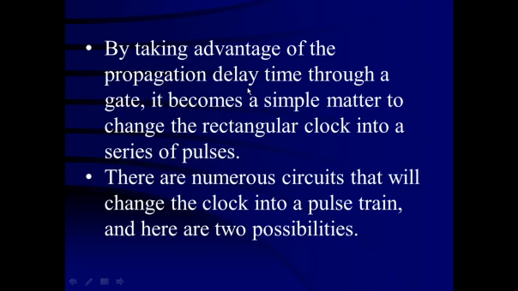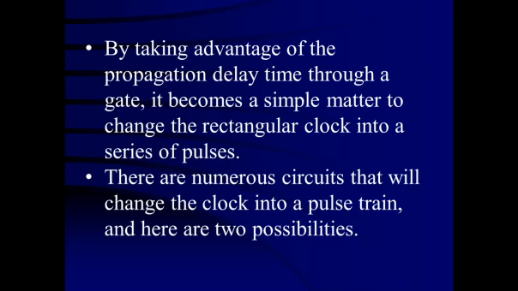By taking advantage of the propagation delay time through a gate, it becomes a simple matter to change a rectangular clock into a series of pulses. So, here we are going to take advantage of propagation delay time to convert rectangular waveforms into a series of either positive pulses or negative pulses.